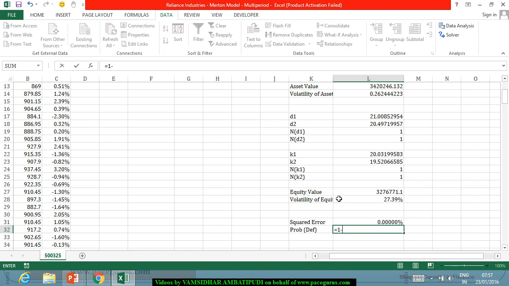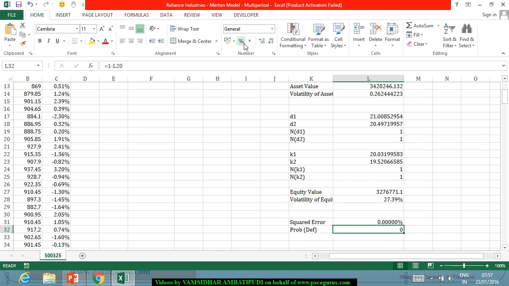If I look at 1 minus ND2, because N of minus D2 is very close to 0, the default probability is coming very close to 0 because my D1 is exceptionally higher.